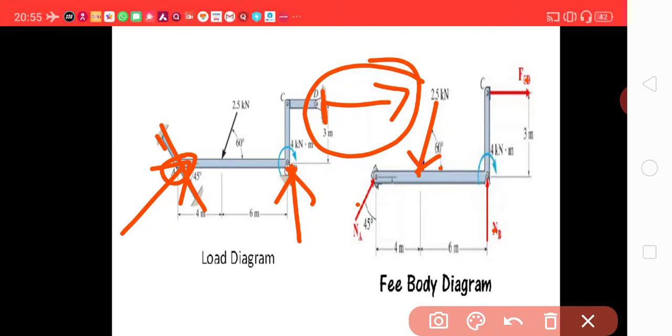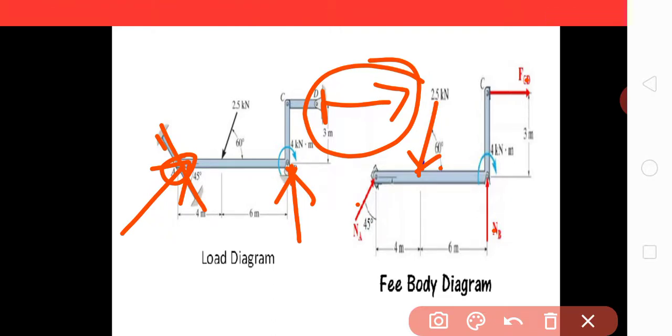So, as I told you earlier, a free body diagram is a diagram for a member of a structure. We want to analyze the forces on that member. Then what we do, we virtually remove that member from the structure, and we denote the external forces acting, the weight of that member, and the support reactions, and if internal stresses are to be considered, then they are also shown.